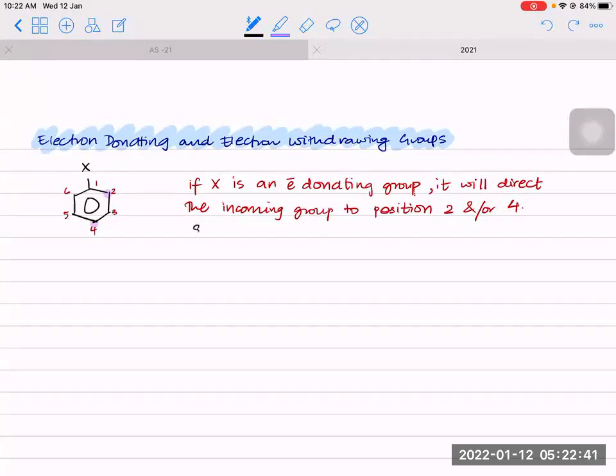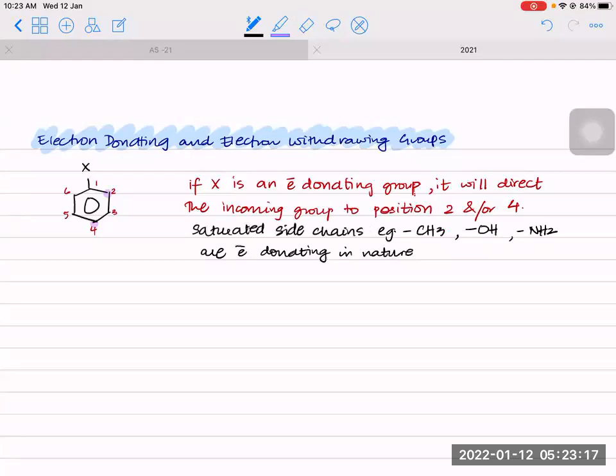Saturated side chains. Saturated side chains means where the bonds are single. For example, CH3, where all carbon bonds are single, or OH, because these are also single bonds, NH2. Saturated side chains are electron donating in nature.